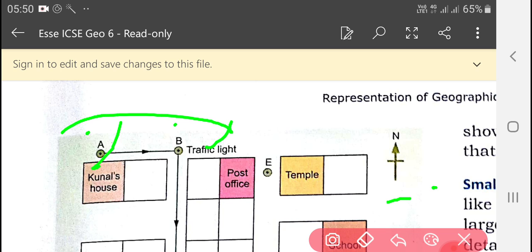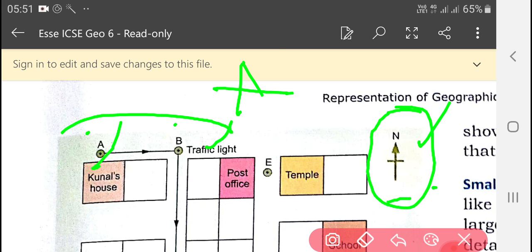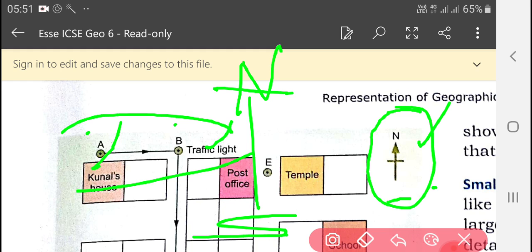Usually the north direction we can find on top of the map, indicated by the letter N. If we know the north direction, then it is easy to find the rest of the directions. Now, suppose north is on top, then bottom is south, the left side is west, and the right side is east.